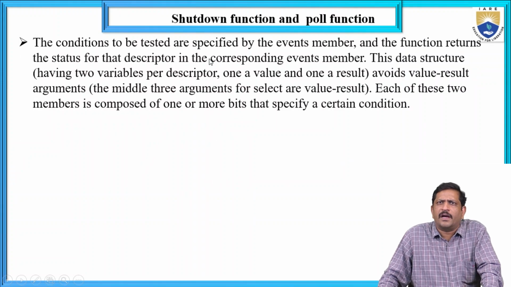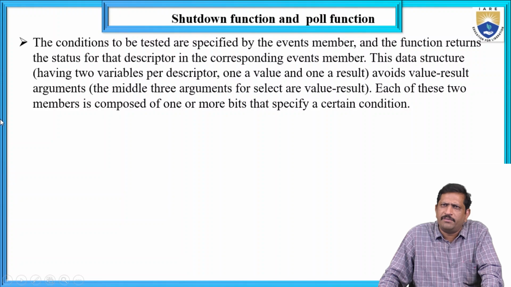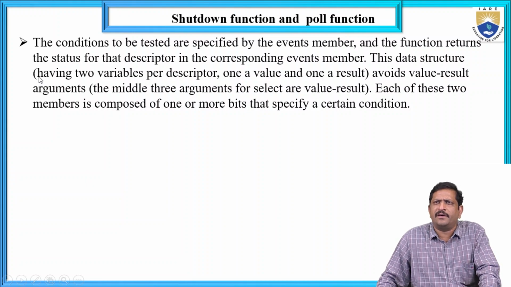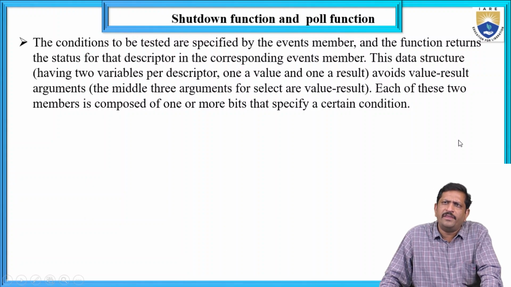The conditions to be tested are specified by the events member, and the function returns the status for those descriptors in the corresponding revents member. So there are two variables per file descriptor, one a value and one a result. Now we can avoid value-result arguments, unlike the middle three arguments for select, which are value-result.